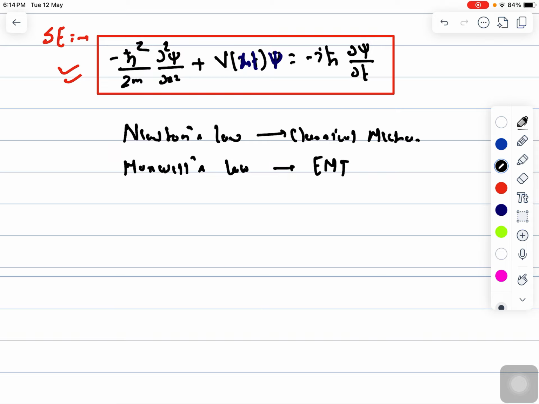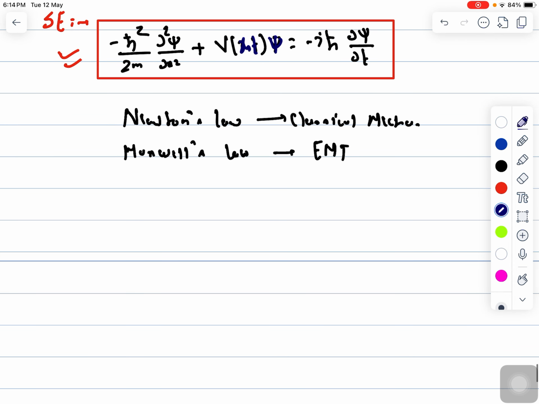Here on the screen you can see the Schrodinger equation, and this equation is a second order partial differential equation that contains several important quantities. Let's say h-cut is h divided by 2 pi, where h is called Planck's constant, right?